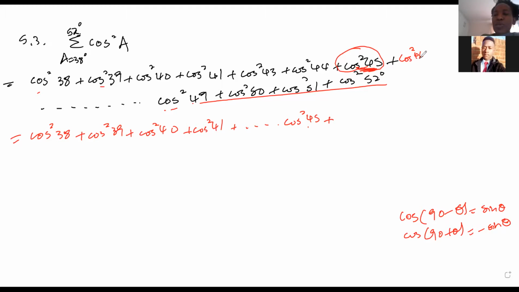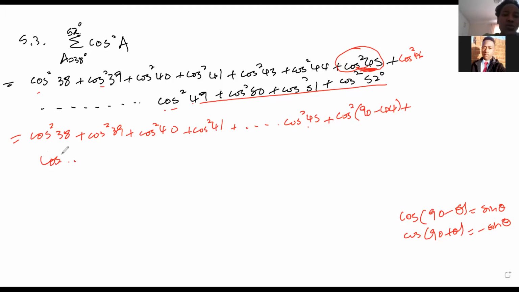So let's say I had put cos 46 there. Cos squared 46 is the same as 90 minus, what is 90 minus 46? 44. Okay, plus, then I'll go all the way.